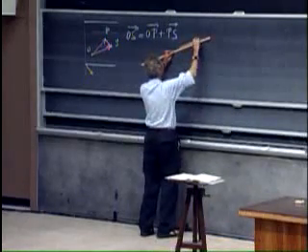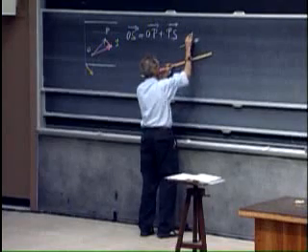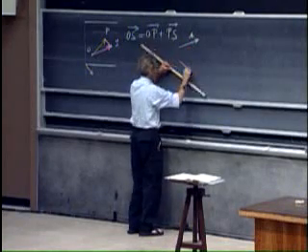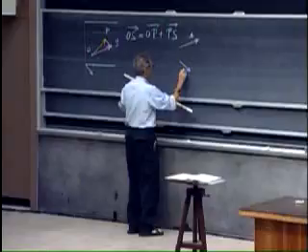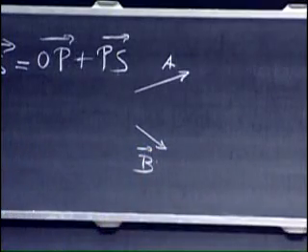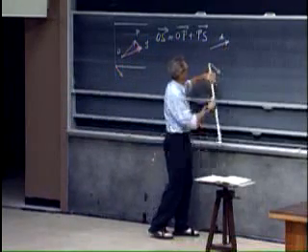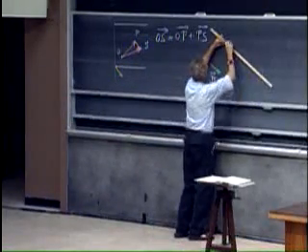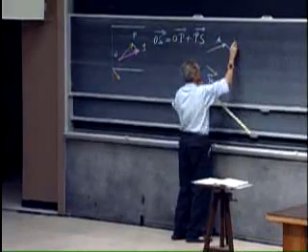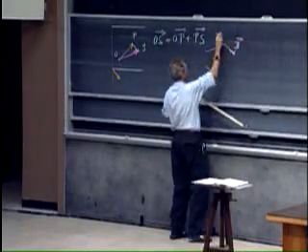Suppose I have here a vector A, and I have here a vector B. Then you can do it this way, which I call the head-tail technique. I take B, and I bring it to the head of A. So this is B. This is a vector.